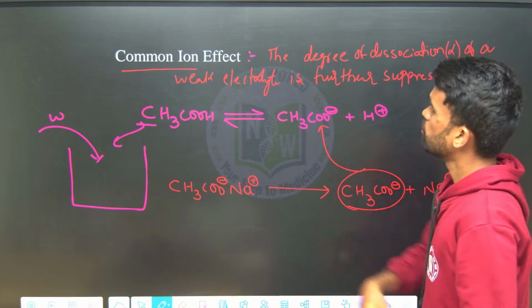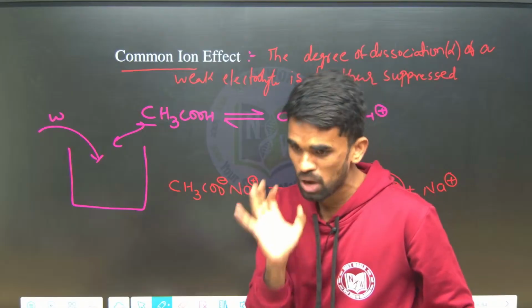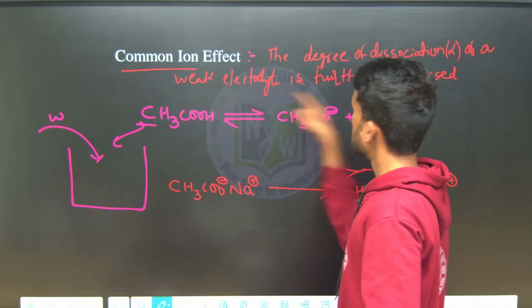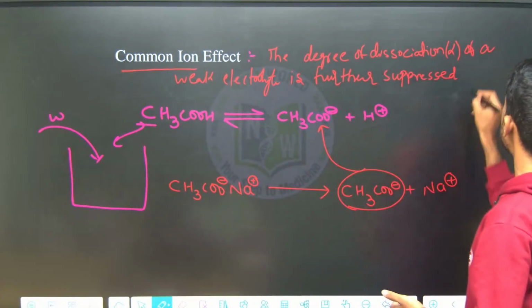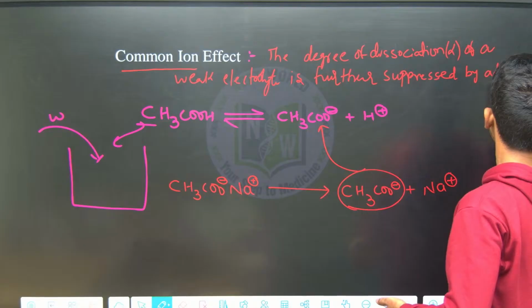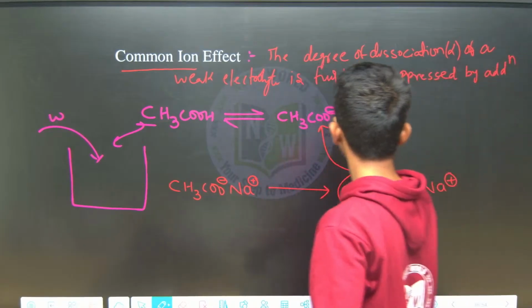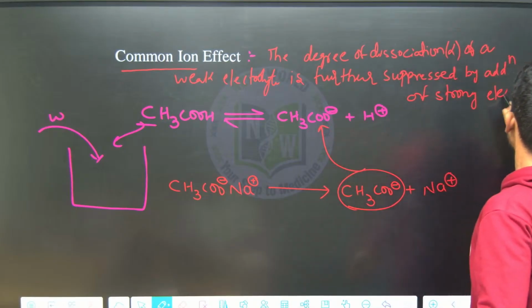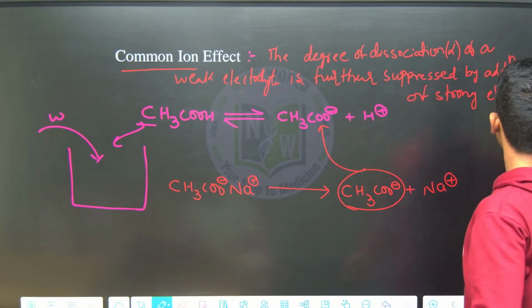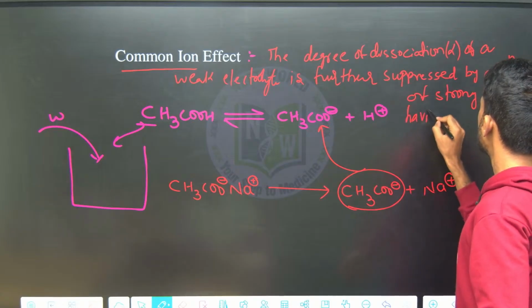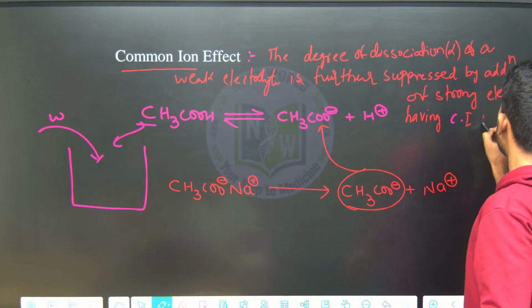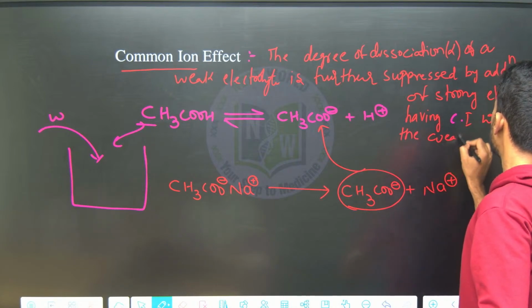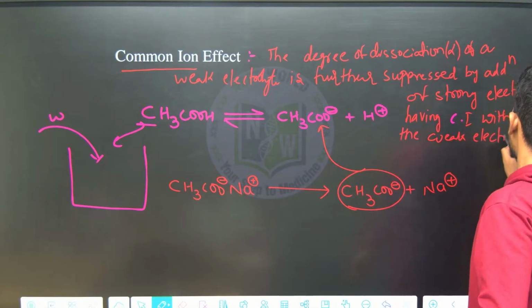Because we know a weak electrolyte dissociates to a very small extent, and that is suppressed again. It means it is decreased. That is, further suppressed by the addition of a strong electrolyte having a common ion with the weak electrolyte. Is this definition clear or not?